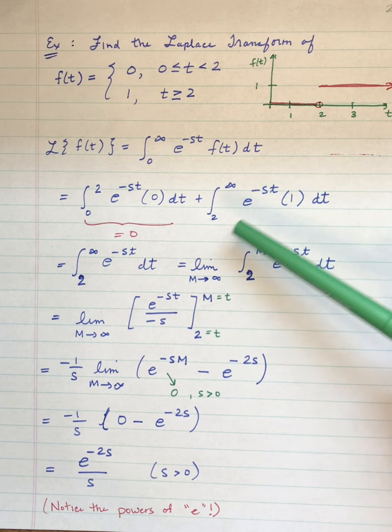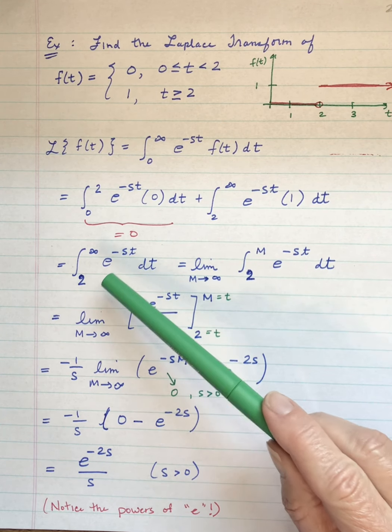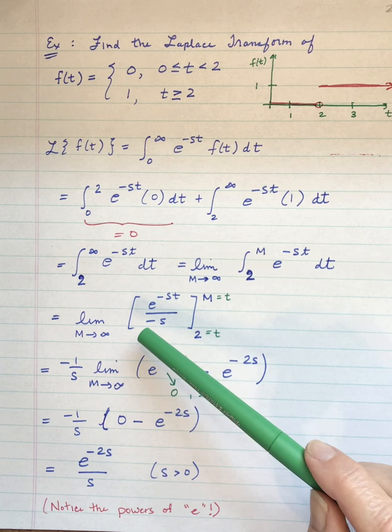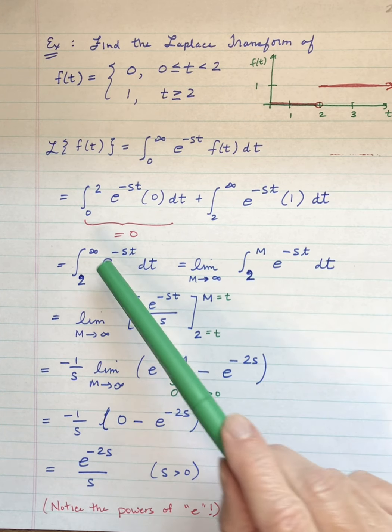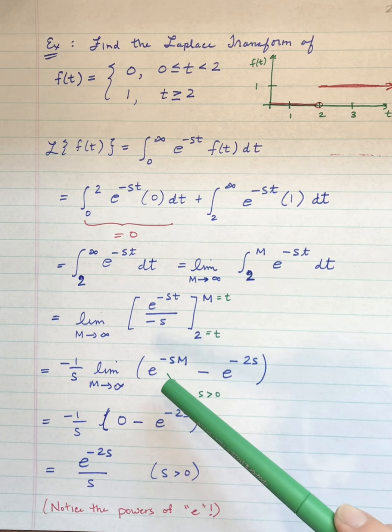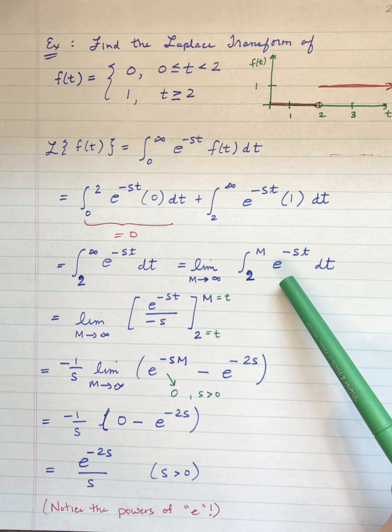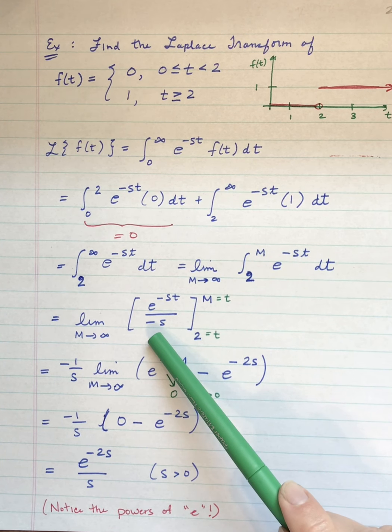So this time we have to evaluate an improper integral from 2 to infinity of e to the minus st dt. Again, this one is improper, so we replace the infinity, make it a definite integral, and take the limit as m approaches infinity. Here's our function, with the same antiderivative as before.